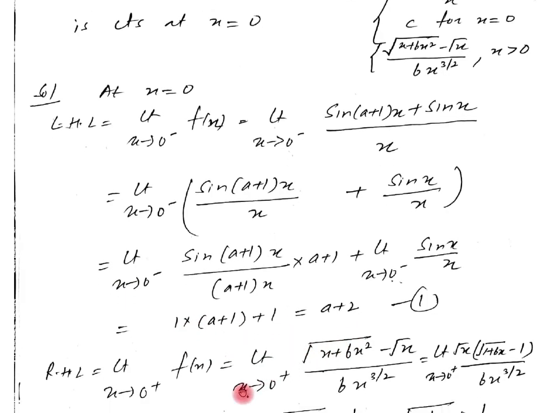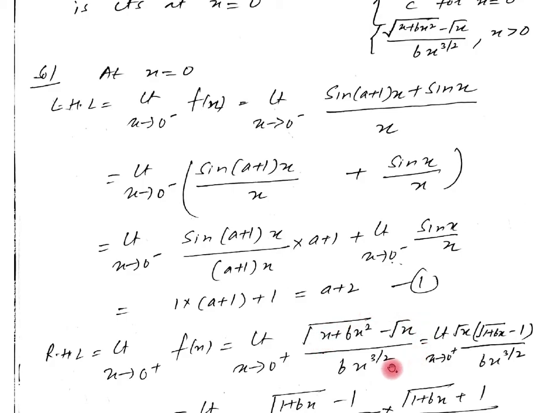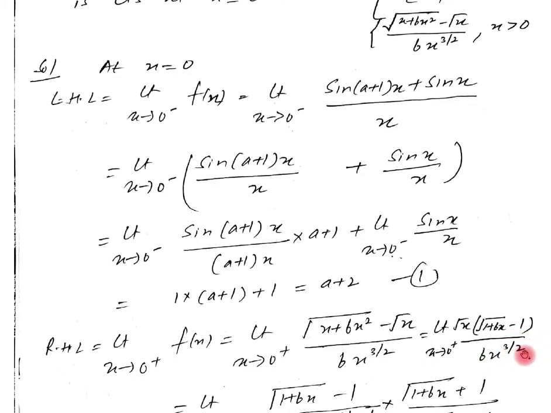Similarly, for finding the right hand limit, limit x tends to 0 plus f(x), the expression is this. Now it can be written as here, by taking from the numerator, we have taken under root x common from both the expressions. Now under root x is common. We are left with here under root 1 plus bx minus 1 upon b into x to the power 3 by 2 as it is. Is it clear?